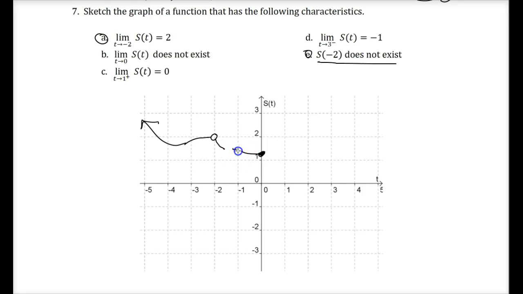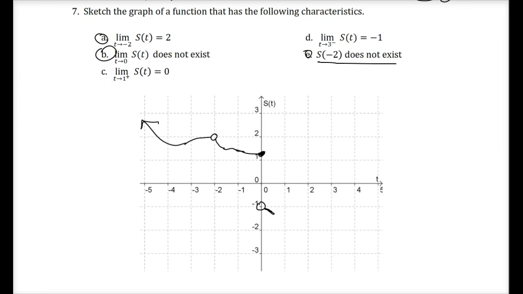And I'm going to go ahead and try to connect all this together, and then I'm going to do an open circle right here, okay? So I know the behavior of the function coming from the left is not the same as the behavior of the function coming from the right. And I think I may just kind of jet this out like this for right now, okay? All right, so B is now taken care of.